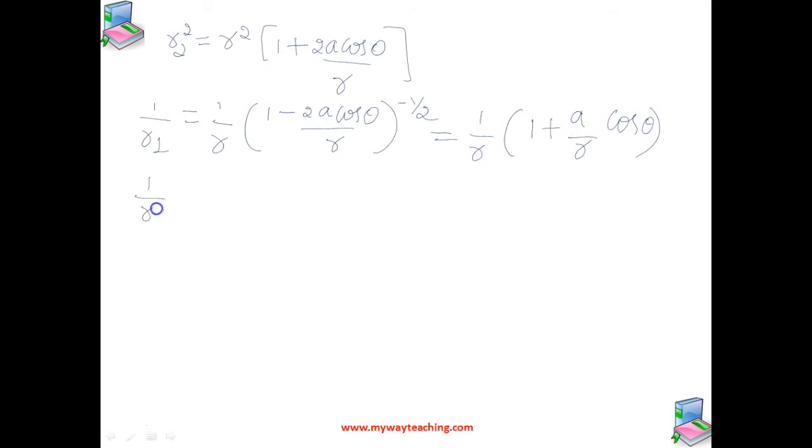And similarly, by using the binomial theorem for the second case, we get 1 by R2 is equal to 1 by R times 1 plus 2a cos theta by R raised to the power minus 1 by 2.